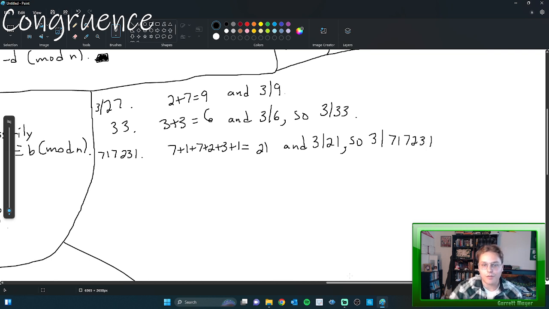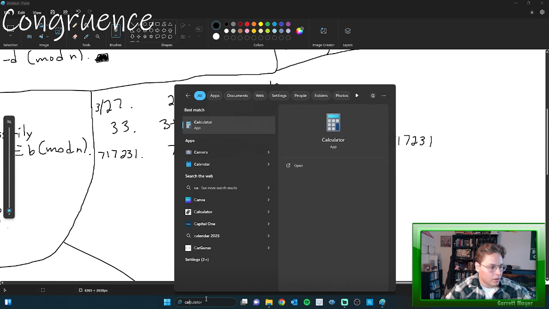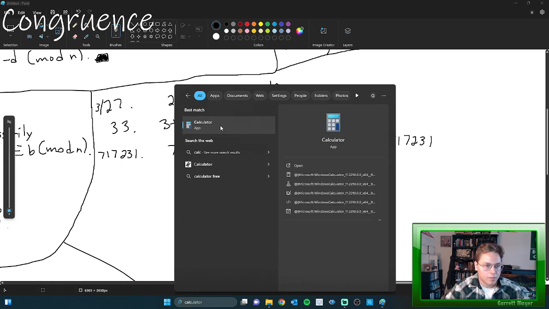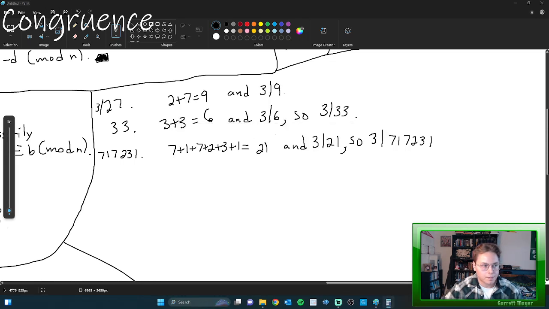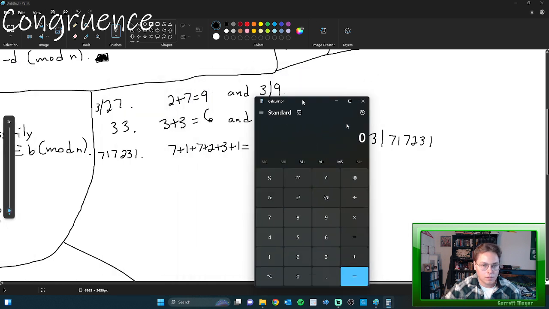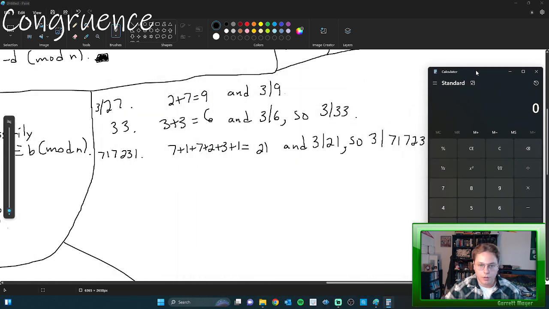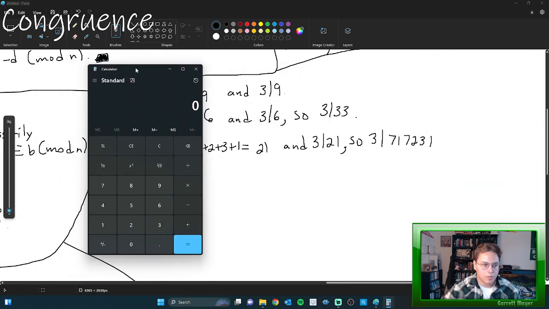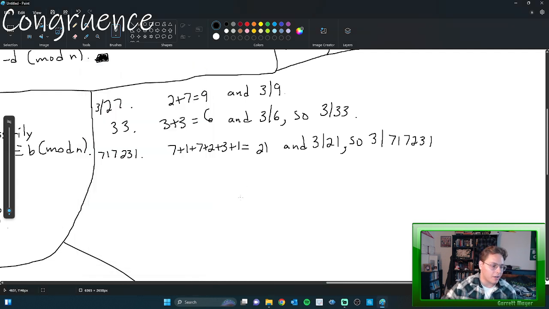And just to verify this, let's take out the calculator quick. So we're going to take 717231 divided by 3. And we can see it's an integer, so 3 does divide this. So this trick seems to work, but let's prove it.